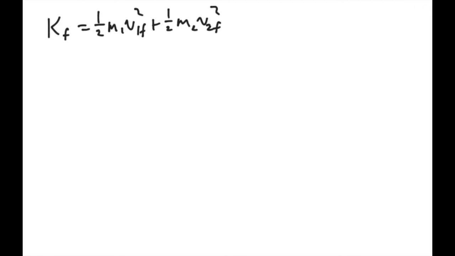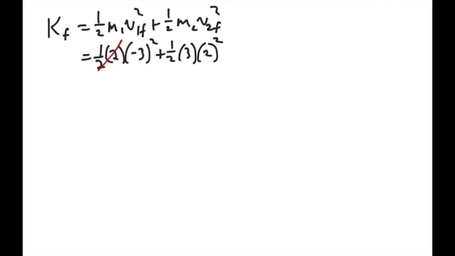That would mean that our final kinetic energy, which is 1/2 mass 1 v1 final squared plus 1/2 mass 2 v2 final squared, is going to be equal to 1/2 times 2 kilograms times negative 3 squared plus 1/2 times 3 kilograms times 2 squared.